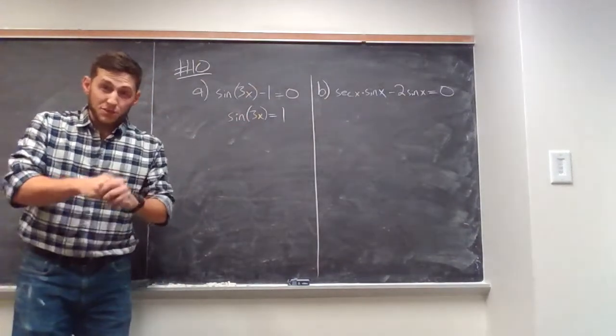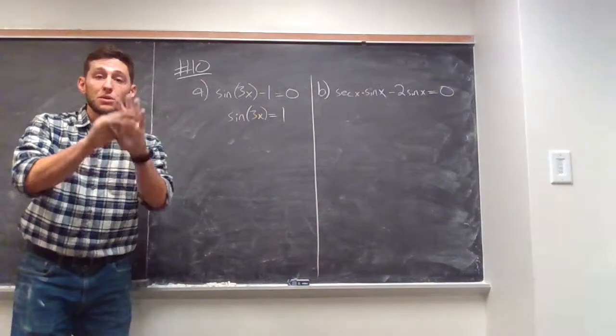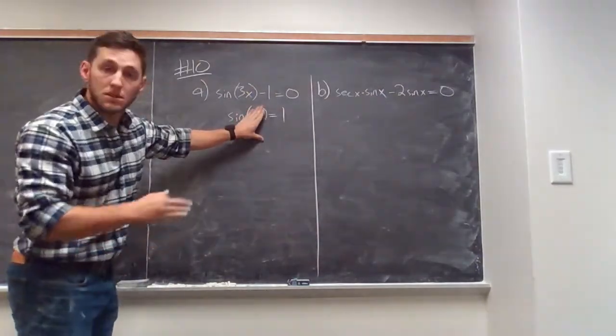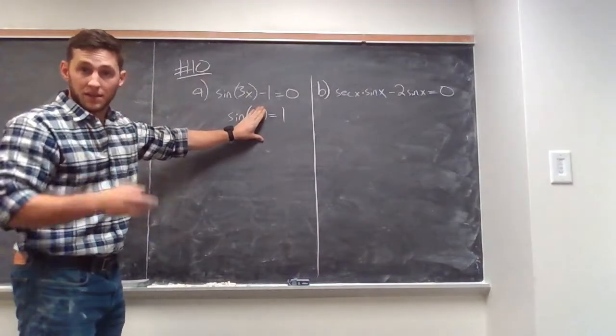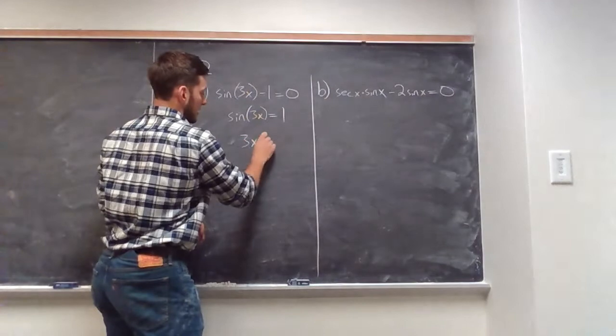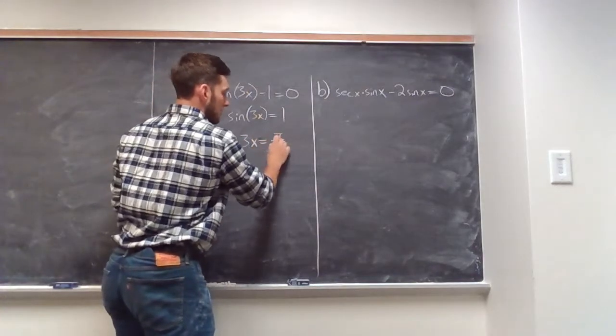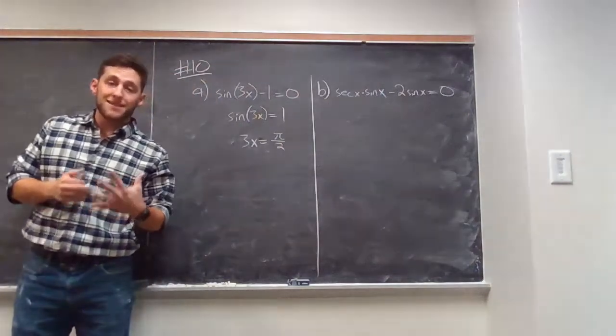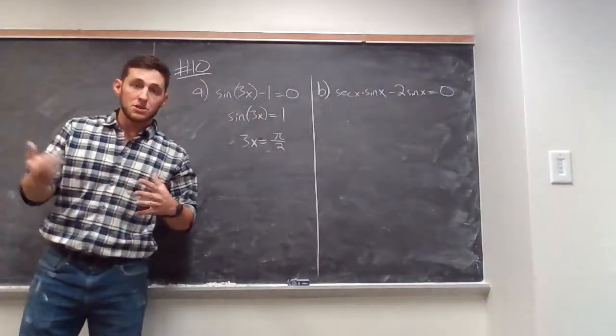Now remember that 3x is just an angle. There's nothing special about it. So I have to figure out when sine equals 1. Well, that's at the top of the unit circle. So 3x, the entire inside, better equal pi over 2. Now on this problem, you're going to notice I said solve exactly on the interval 0 to 2 pi.